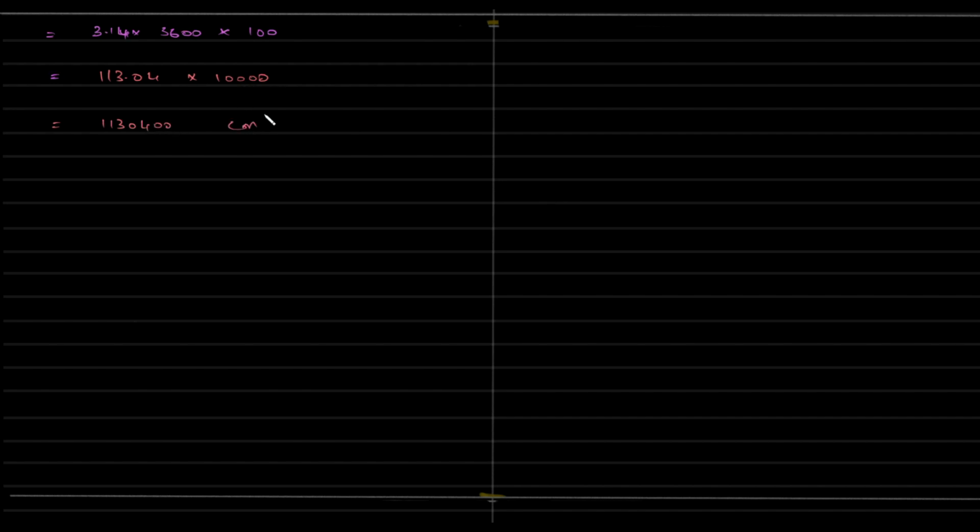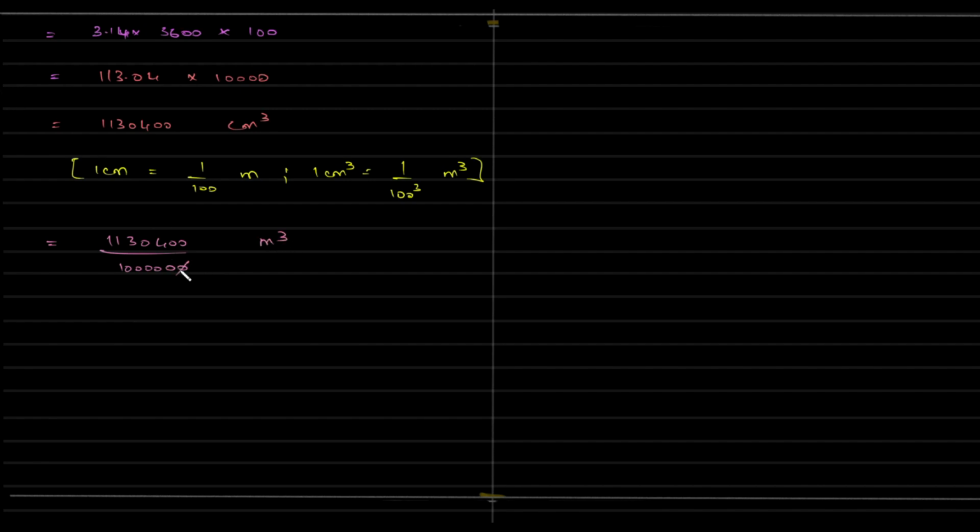So many, right? 1130400 centimeter cube. If I want to convert into meter cube, 1 centimeter is 1 by 100 meter. 1 centimeter cube is 1 by 100 to the power of 3 meter cube, right? So basically this will be 1130400 divided by 1000000 meter cube.